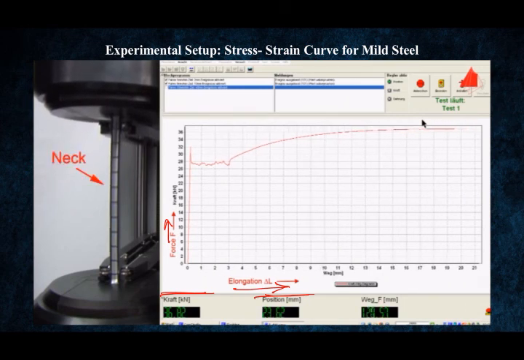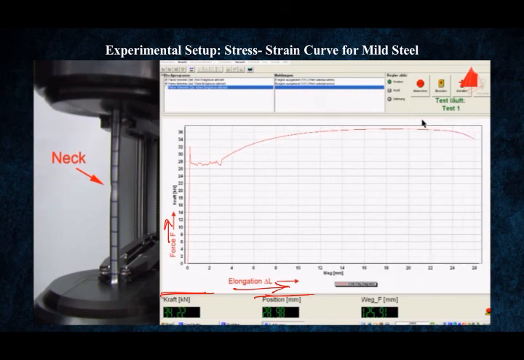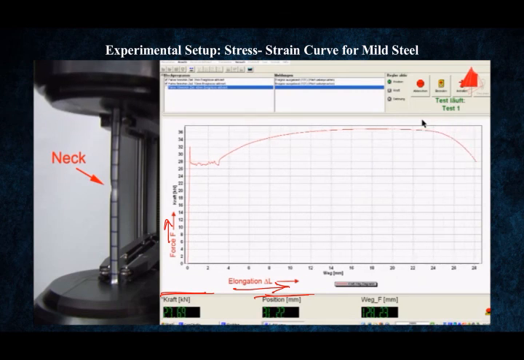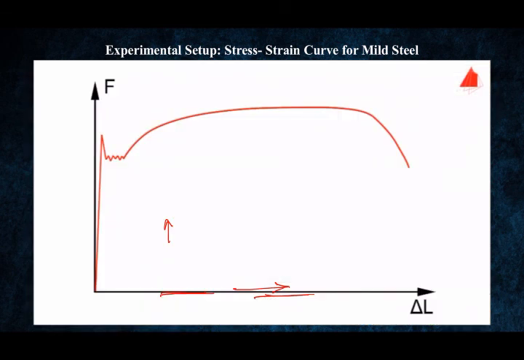This is the curve which is obtained, and this is called necking, because the diameter gets drastically reduced and the specimen has failed now. This is the very basic curve which we got under the application of the tensile force, and this is what we call the stress strain curve for a mild steel.